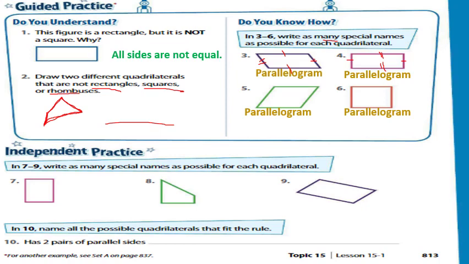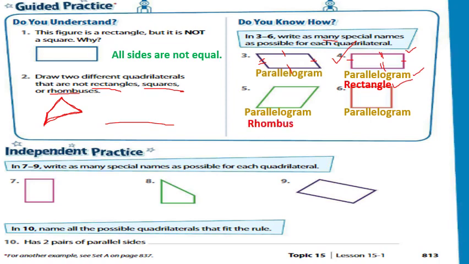So if we look at question 4, this shape, what is this shape? Excellent, it's a rectangle. So this shape has two names, a parallelogram and a rectangle. Now question 5.